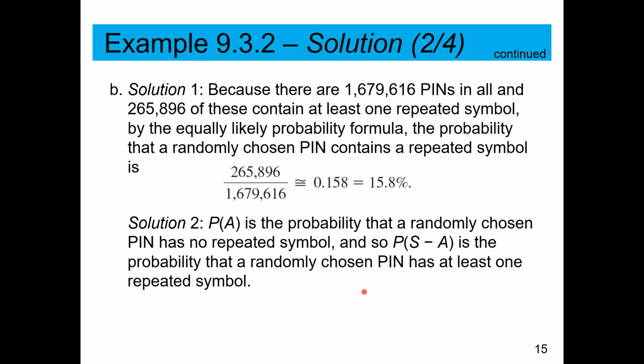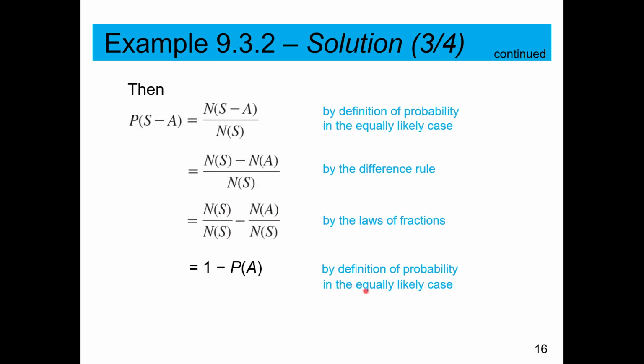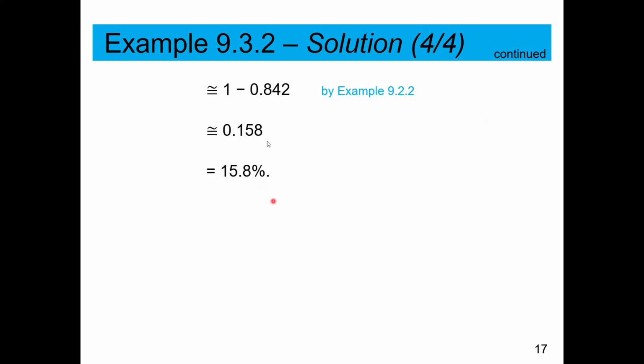But this leads to an interesting idea, and that is the probability of something not happening. The probability of S is 1. The probability of what I don't want of A is here. So remember, I always could have taken what's the probability of having something.